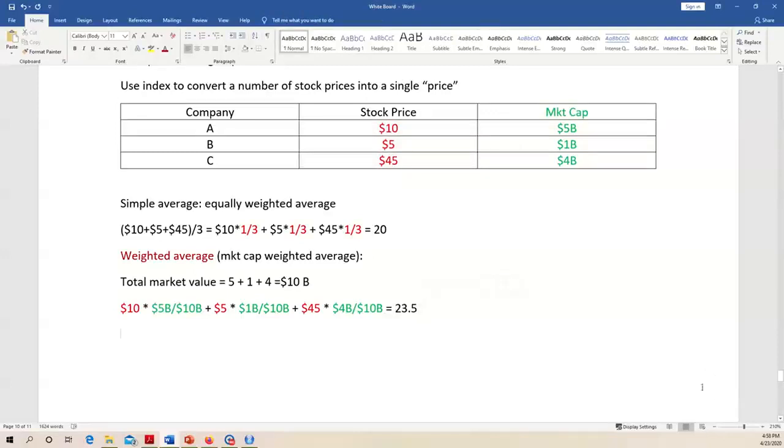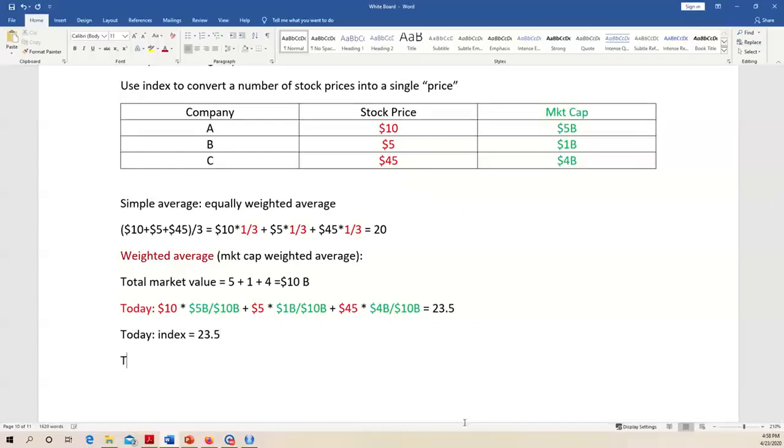So suppose that is today. Suppose today the value weighted index for this stock market involving three companies is equal to 23.5.